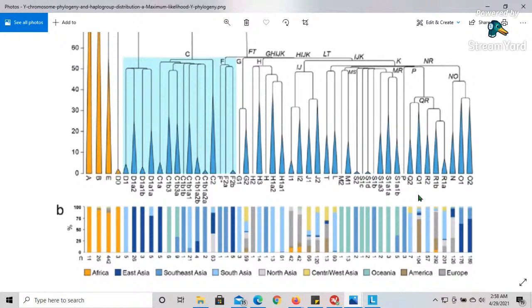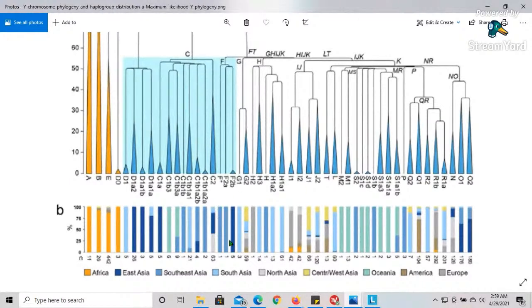And of course, Q is in America, and R went to America too because this is the European R1B. The R1A is deeper into Europe, but the Mediterranean R1B is found in America because they probably hitched a ride with the Phoenicians that went to the Americas in the days of King Solomon.